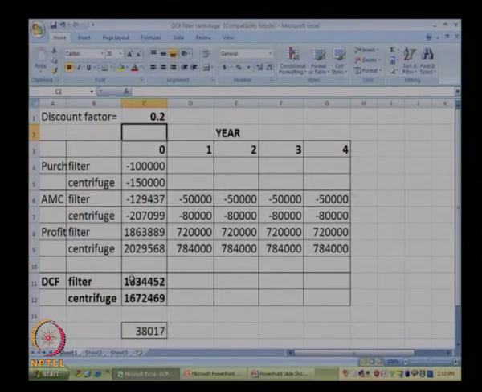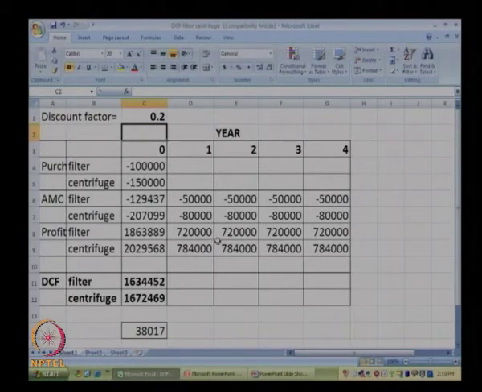So if the discount factor is larger, then the difference between the advantage of having a filter and a centrifuge keeps coming down. If the discount factor is much smaller, the difference between the advantage of having a filter and a centrifuge gets enhanced, that means it gets magnified, because as you can see the profit in a centrifuge is much more, 7,84,000 every year, whereas the profit in a filter is 7,20,000.